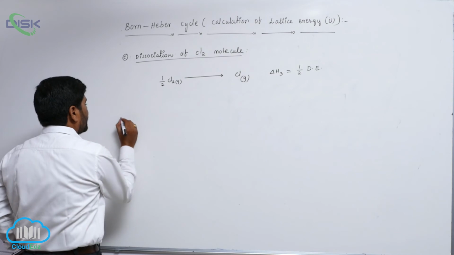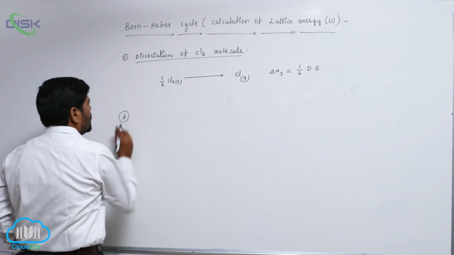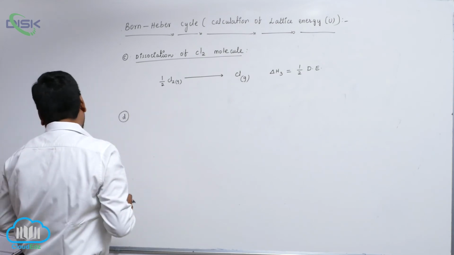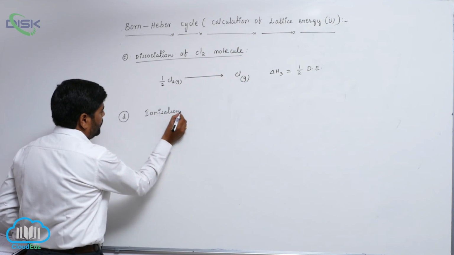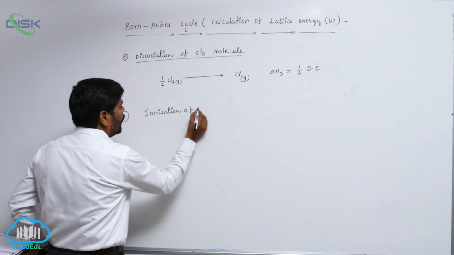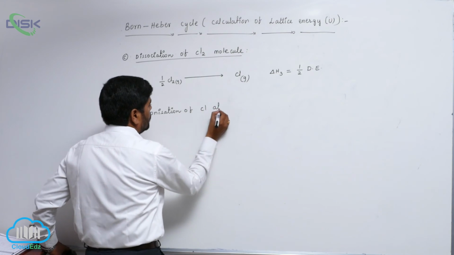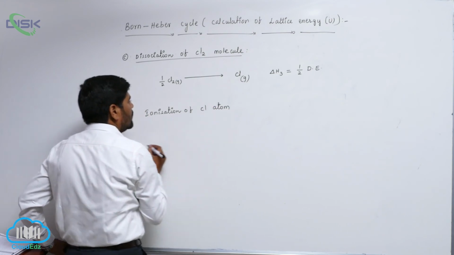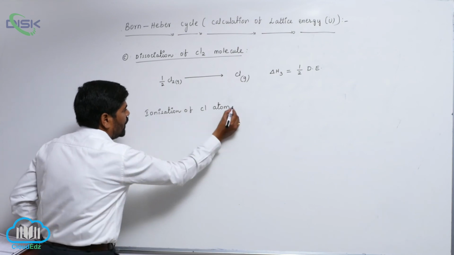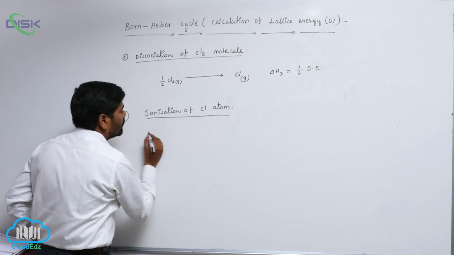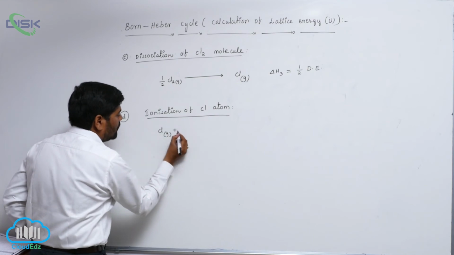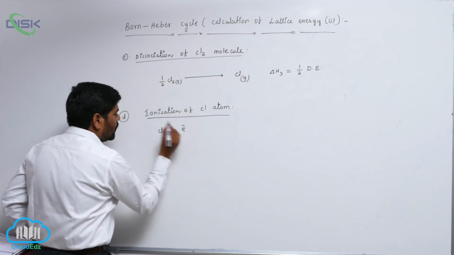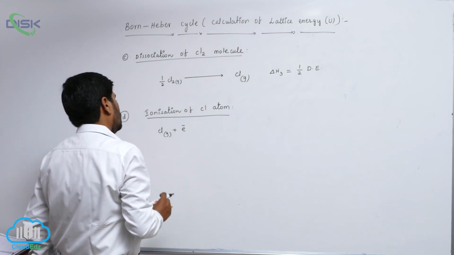Then D is ionization of the chlorine atom. Now this gaseous chlorine atom attracts an electron from sodium metal.